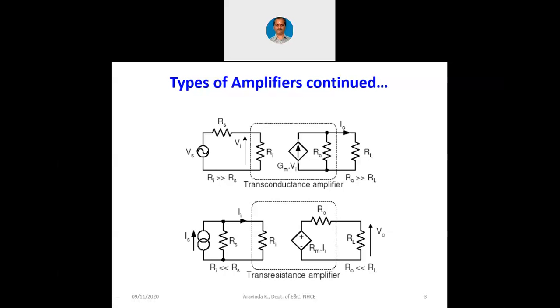Now why I am discussing these 4 types is, we are not going to go into a deeper design of these 4 types. The purpose is because later on, as we discuss the feedback connection types, we had seen yesterday voltage series feedback, voltage shunt feedback, current series feedback and current shunt feedback. Now, the performance of all these 4 types of amplifiers can be improved by using those 4 types of feedback connections.